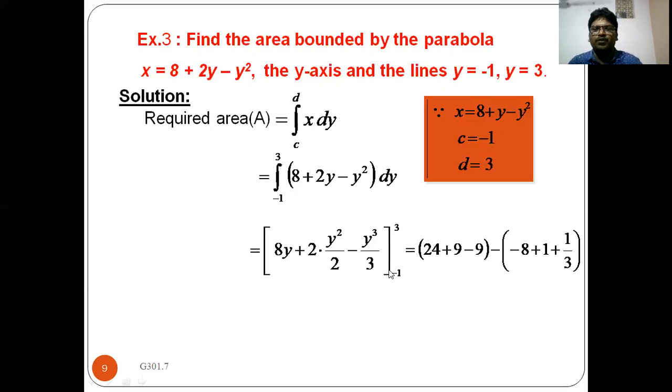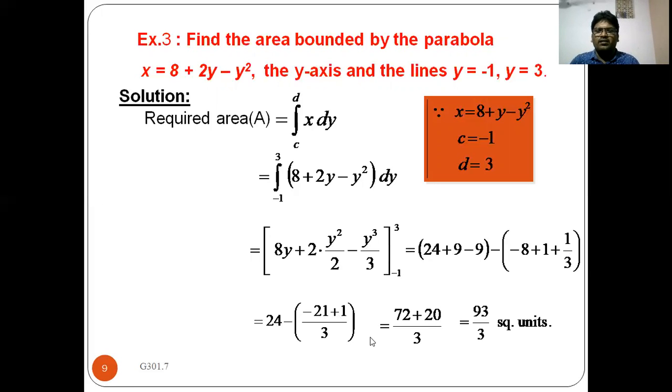Then after substituting the lower limit, similarly you will get this. After simplification, the 9 gets cancelled. You will get 24, and the lower limit gives minus 21 plus 1 by 3. After simplification, you will get this, and then simplifying further you will get 93 by 3 square units.